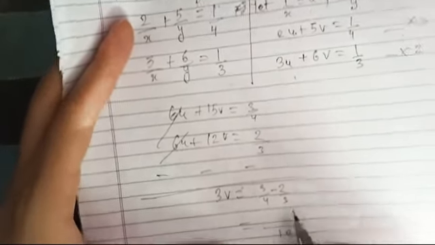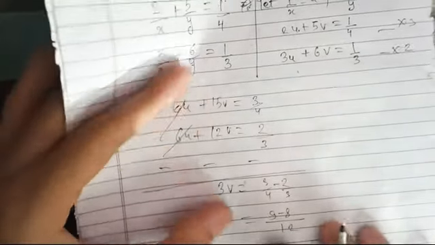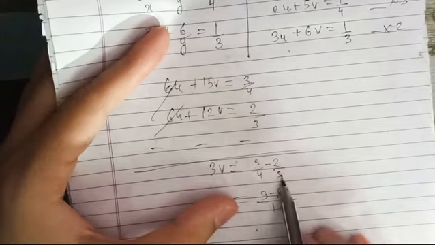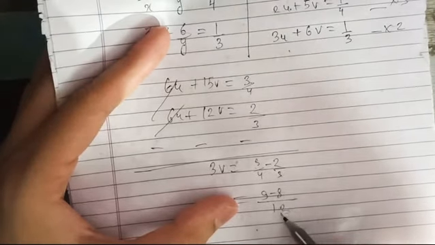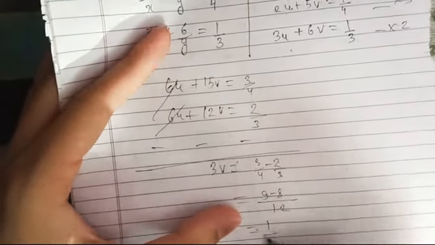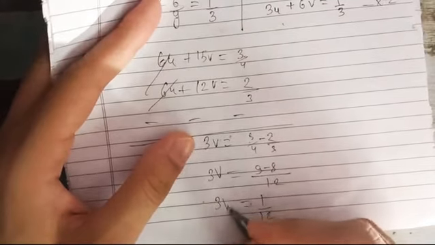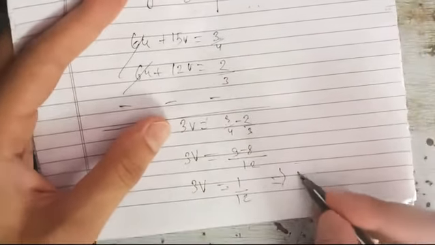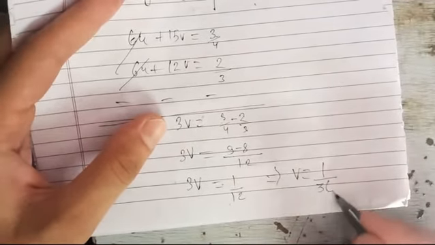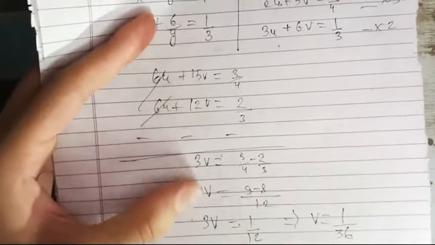Taking LCM, 12, we get 9 minus 8, that is 1 upon 12. So 3v is equal to 1 upon 12, so v is equal to 1 upon 36.